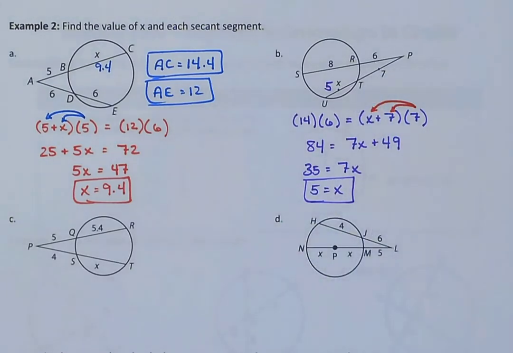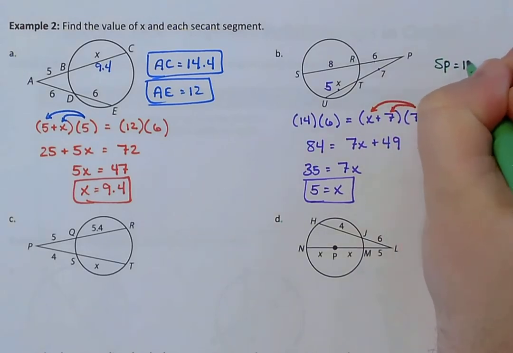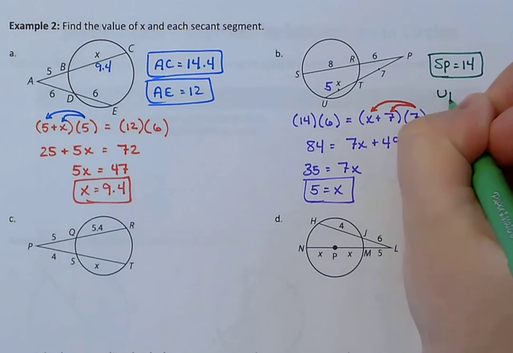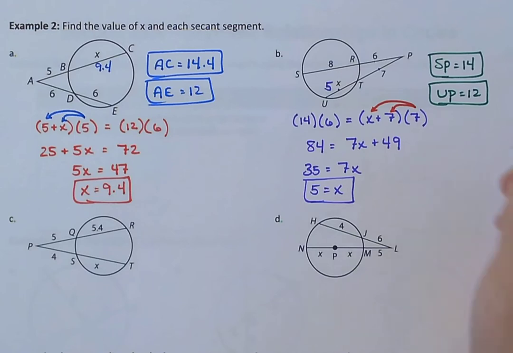So that tells us that SP is 14 and that UP is 12. And that is how you go through and answer your questions for example 2 in using that secant product theorem.